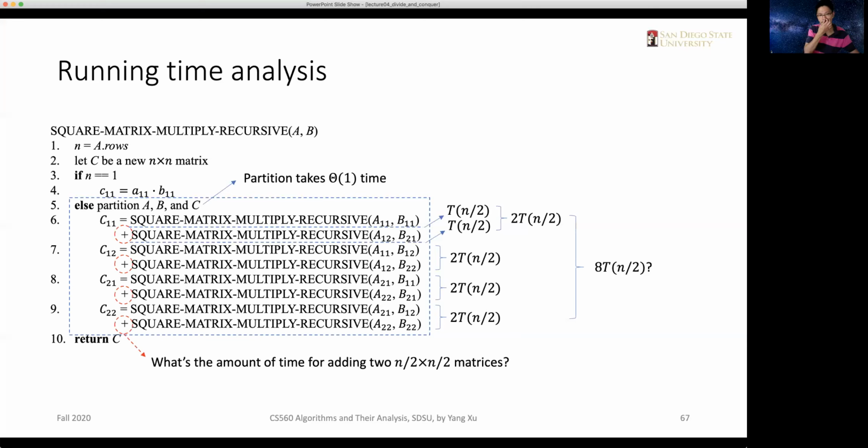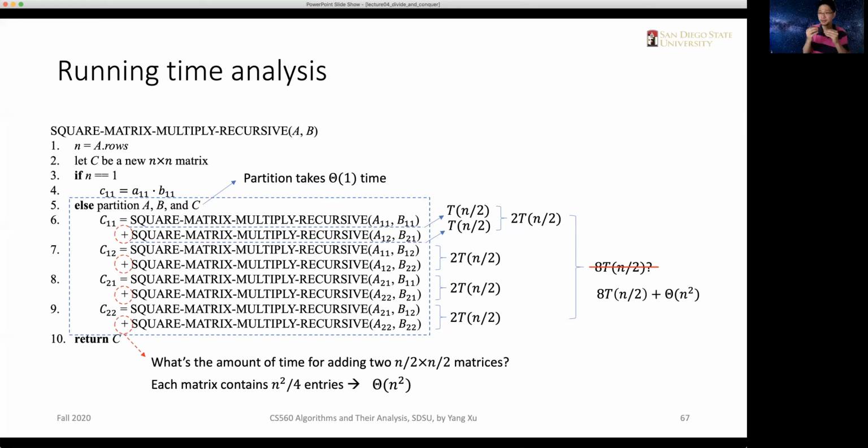And also, the amount of time for adding two n/2 by n/2 matrices should also contribute some cost.